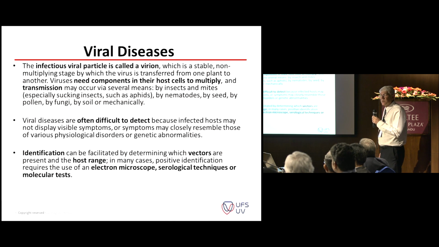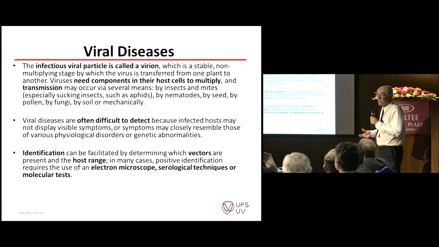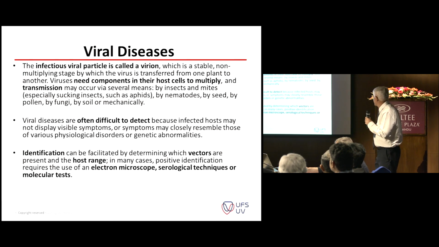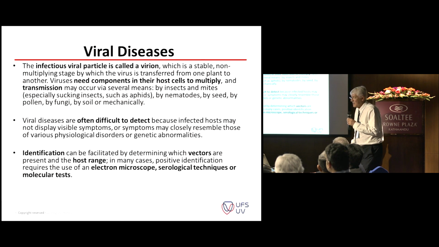They're usually quite difficult to detect at the early stages of infection because the infections are latent. They have a very long latent period in some cases. We can't see with the naked eye that plants are infected, so you have to do other tests or diagnostic procedures like host range studies or electron microscopy, serology mostly, and these days molecular tests.